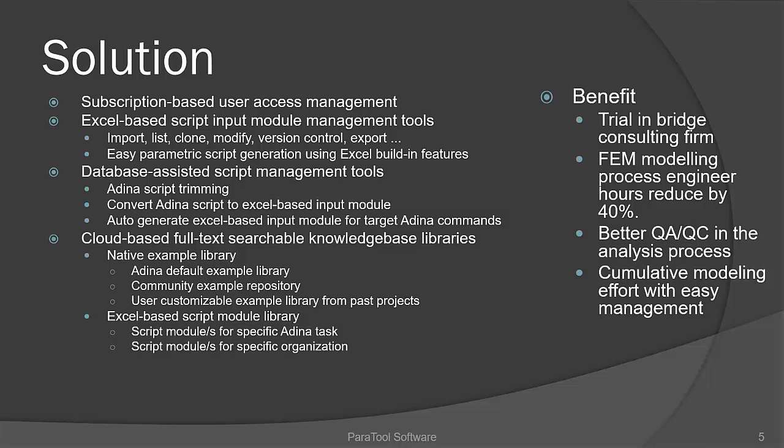You need to do multiple rounds of modeling, and between one round and the next, how do you know what was changed out of, say, 3 months of effort on a model? It's very difficult to spot a small change out of hundreds of thousands of lines of script, and this middleware allows you to pinpoint the exact change using the Excel input modules.